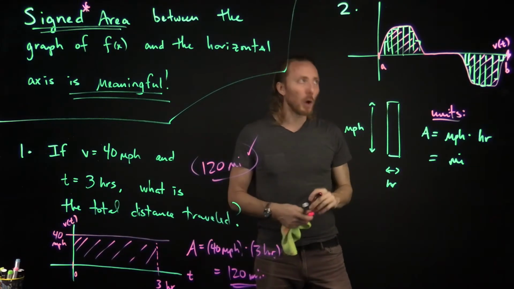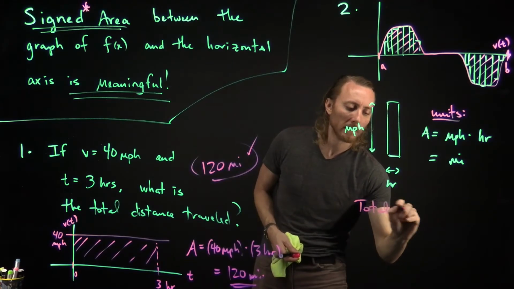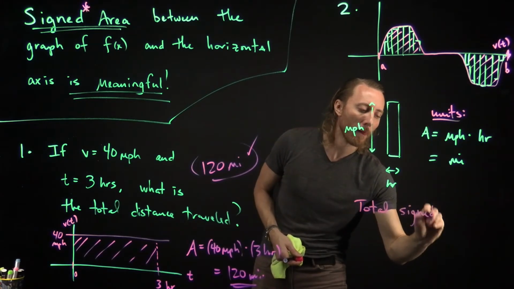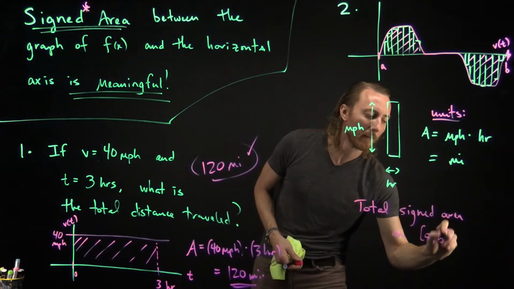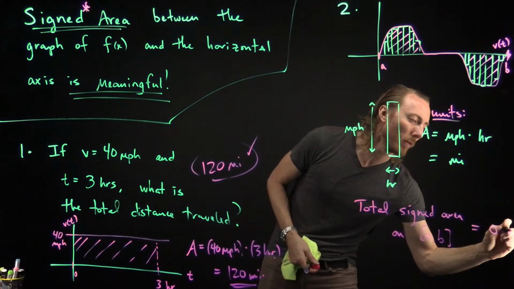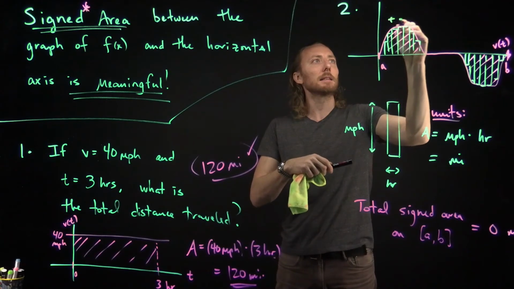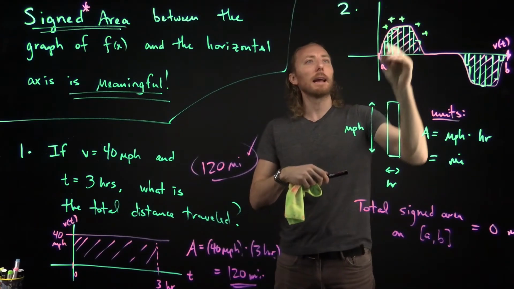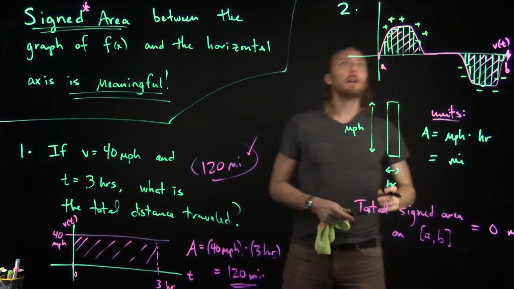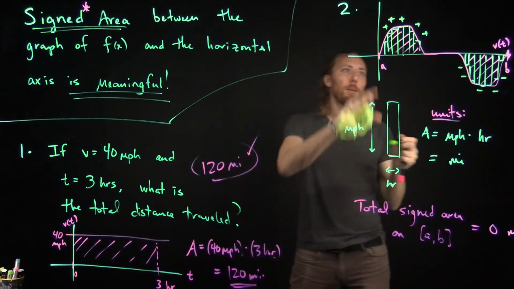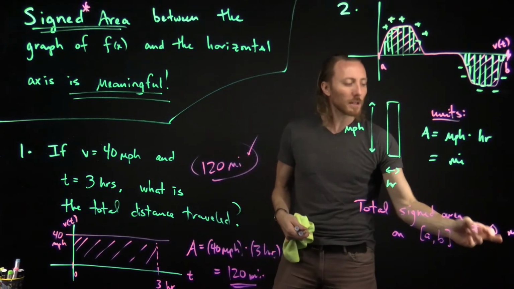And when you put this all together, the total signed area on the interval from A to B is going to be just 0, right? Because there's some amount of positive signed area above the horizontal axis, some amount of negative signed area beneath the horizontal axis, but that positive signed area and negative signed area cancel each other out, which actually makes sense, right?